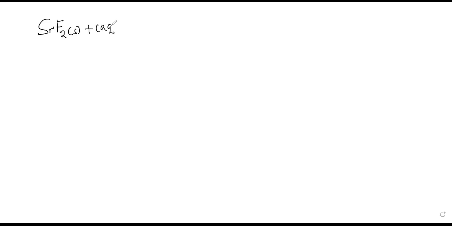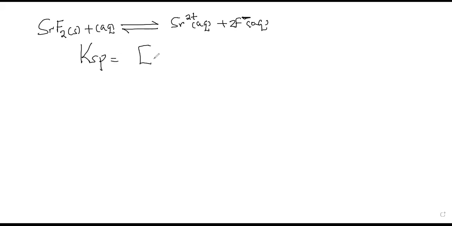Plus aqueous, it shall establish equilibrium with strontium ion plus fluoride ion. This is F minus. So your KSP expression is equal to the concentration of strontium multiplied by the concentration of fluoride ion raised to the power 2.